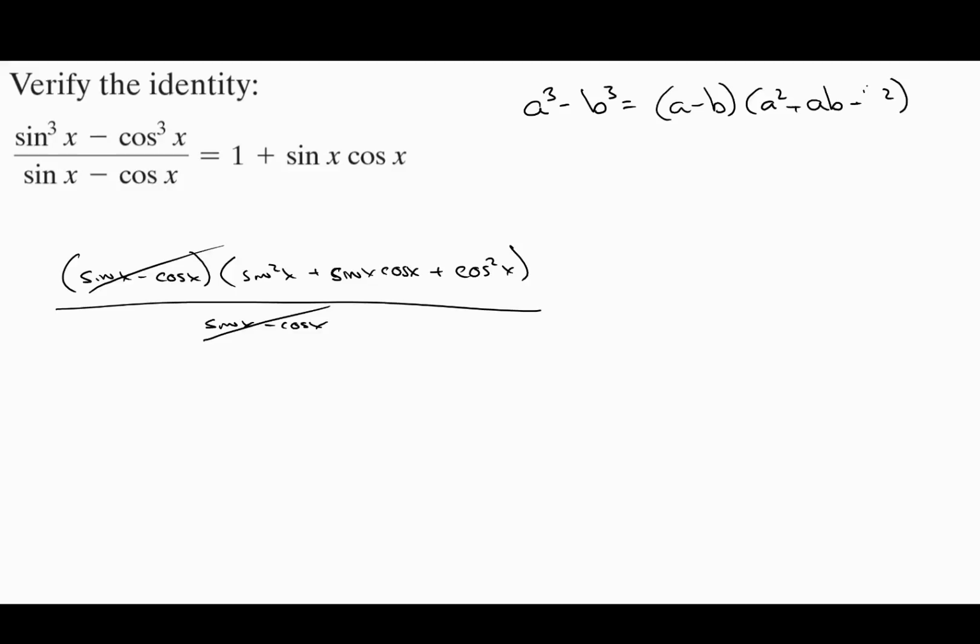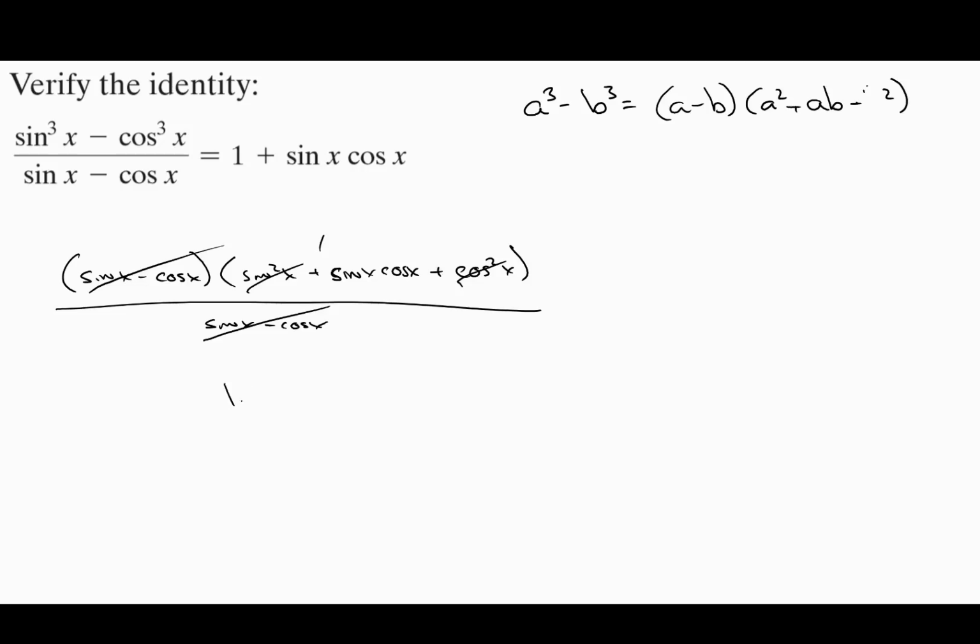Those two cancel out. Sine squared plus cosine squared equals 1. And I'm left with 1 plus the sine times the cosine, which is where I want to go. And that was 5-1, verifying trigonometric identities.